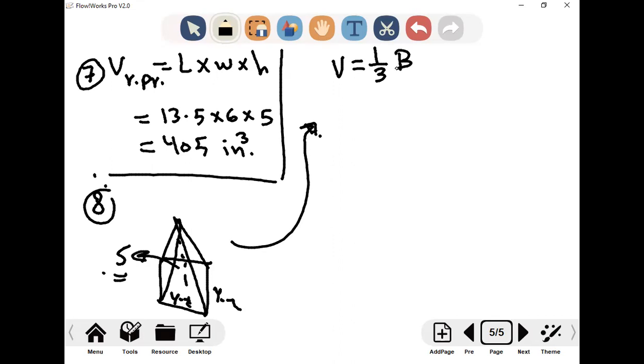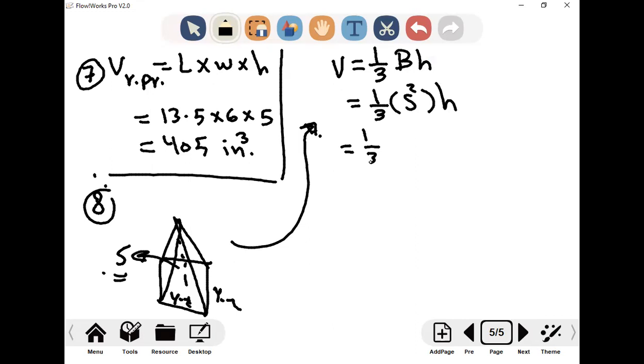1/3 capital B times height. Well, what is the capital B? The square. Oh, length by width, I mean 4.2 multiply 4.2. So this is equal 1 over 3 S power 2 multiply the height.